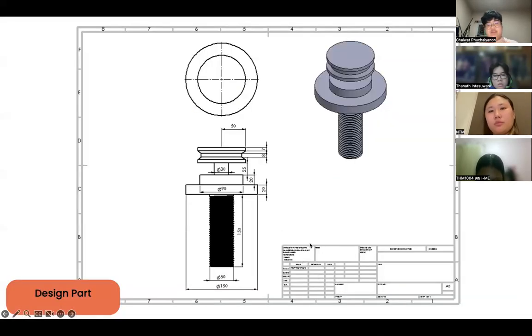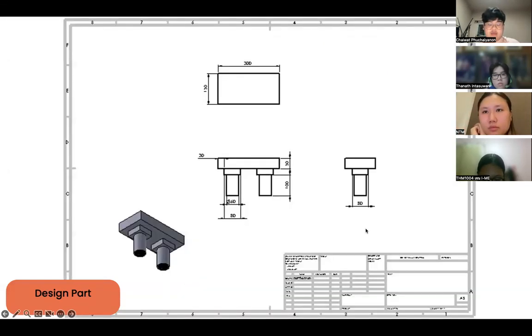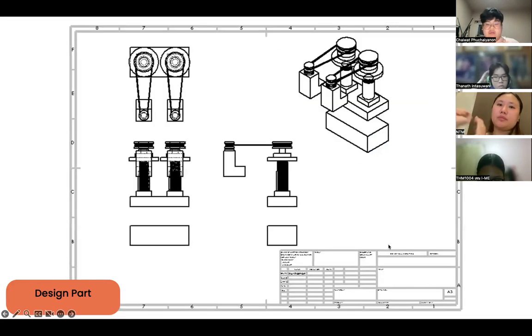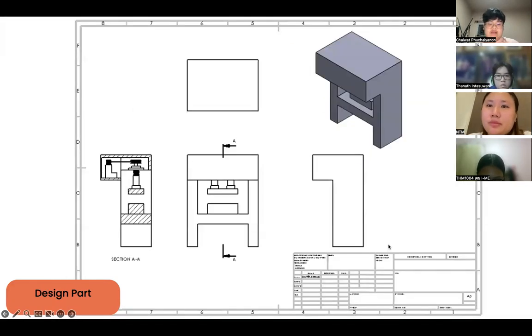So next is the design part of the shaft. These are the shaft and the plate of the hydraulic press, and this is the bolster, and this is the servo motor, and lastly this is the center part that is combined together with the workpiece.